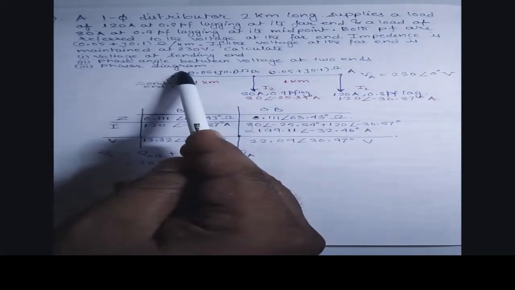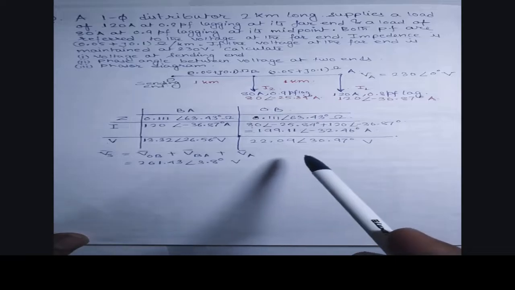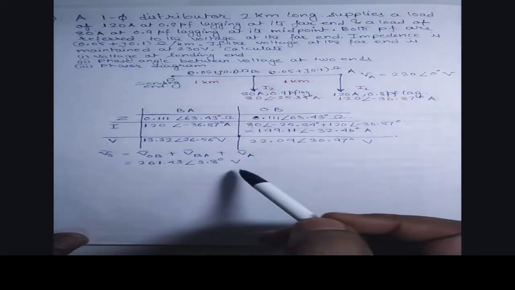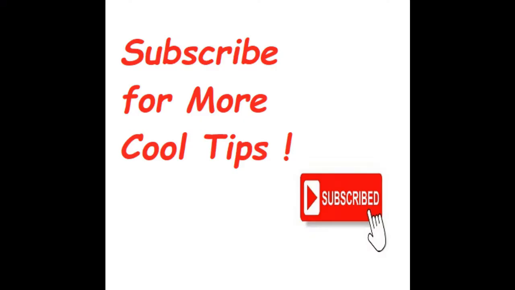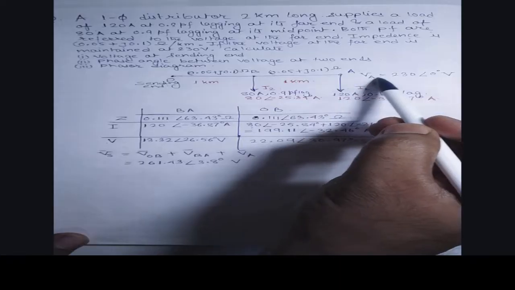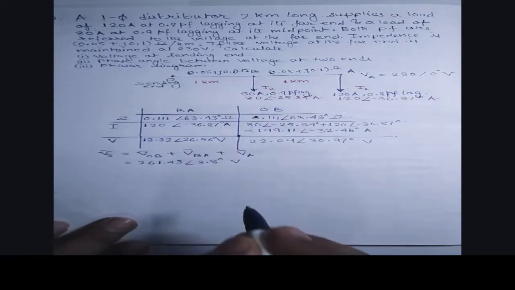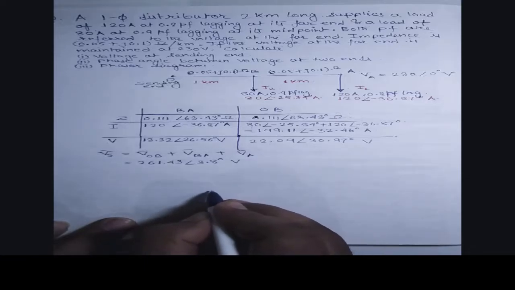Now comes the phasor. I have done all these things in polar form because it will help us in understanding the phasor. So we will try to draw the phasor from this point, the receiving end voltage.